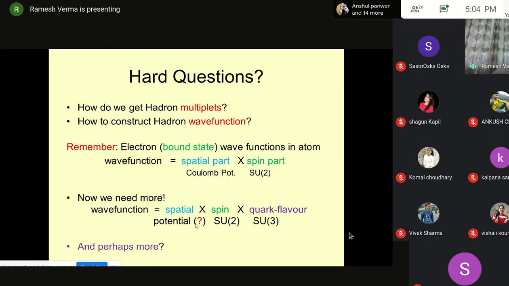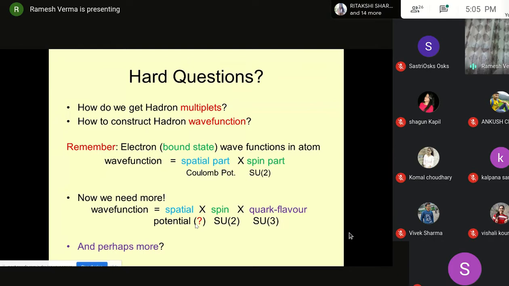But even then, life is not that easy, because particularly for the low mass quarks, that is u, d, and s, the system is not really described by the Schrodinger equation. These very low mass quarks behave relativistically, so one has to go for the relativistic quark model also.